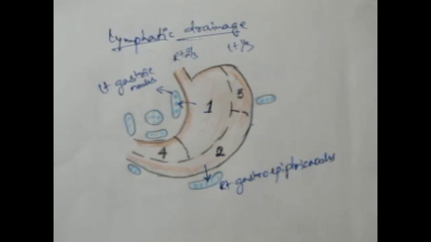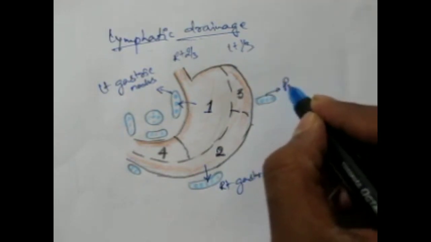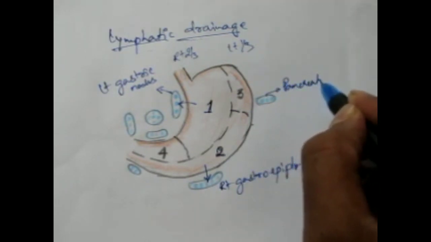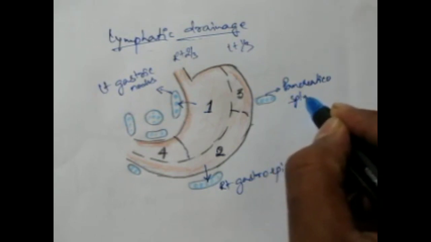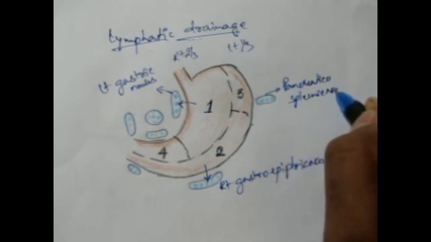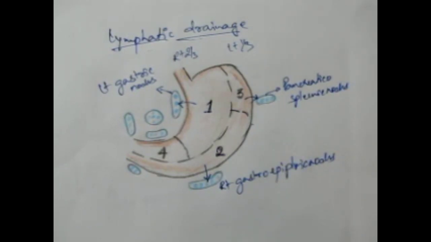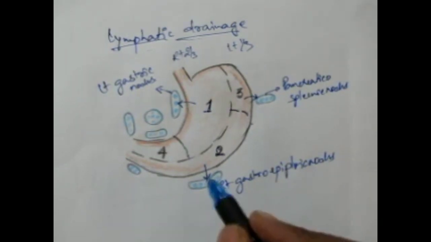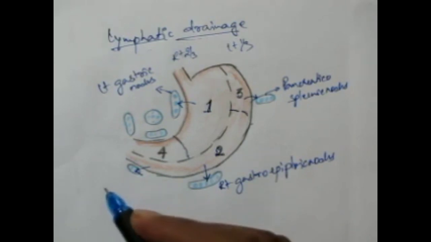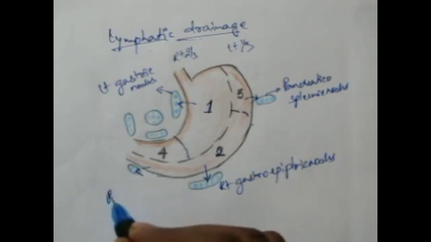From area 3, they drain to the pancreaticosplenic nodes. And area 2 also drains to the pyloric nodes.